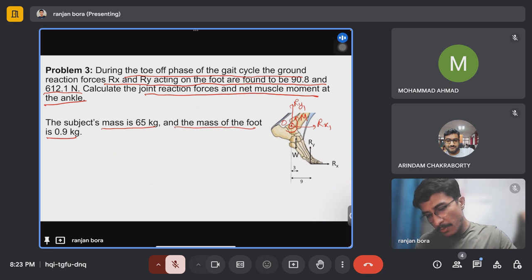It acts through this point, this W. W is 0.9 times g, which is 9.8.